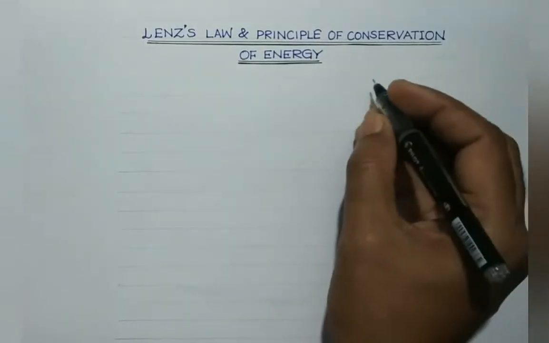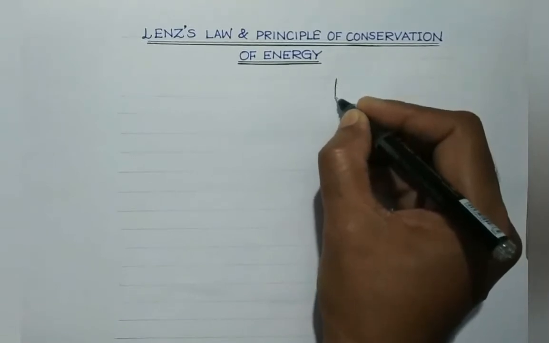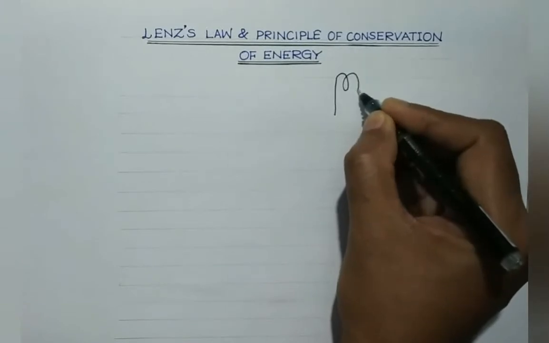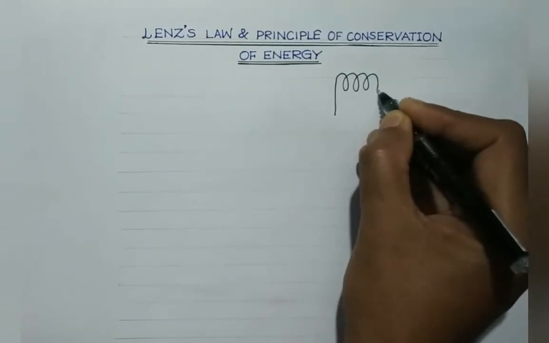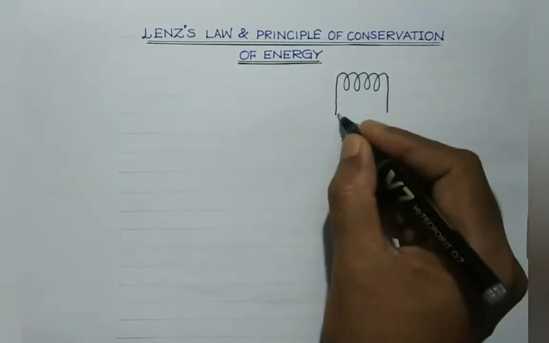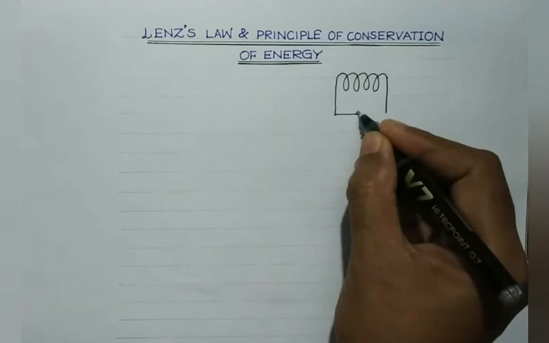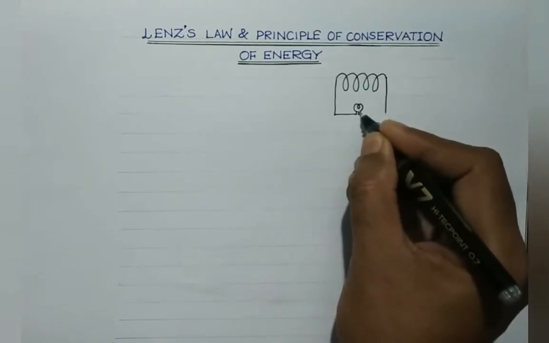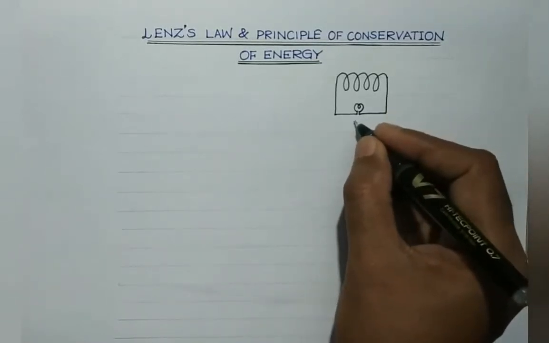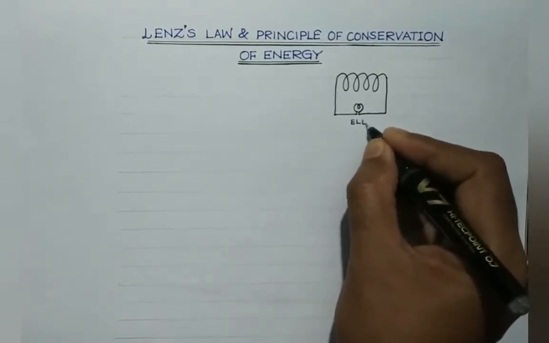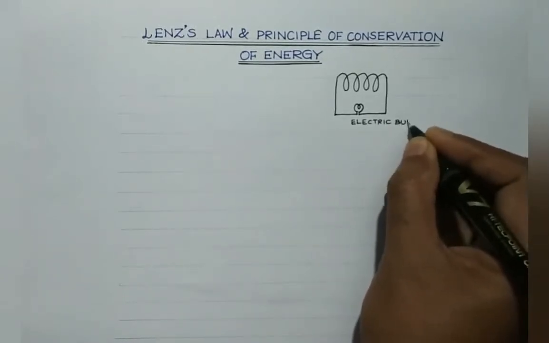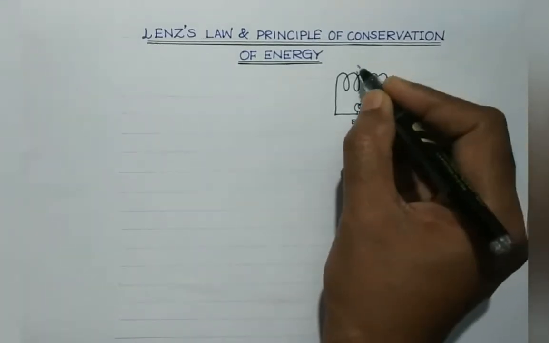So for that, let us consider a solenoid. This is a solenoid and let it be connected to an electric lamp or a sensitive galvanometer. Suppose this is an electric bulb, and let us consider this to be the solenoid.